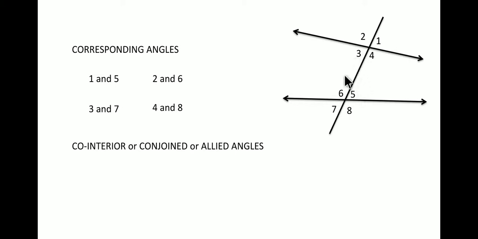But if you take the same side, angles like 3 and 6, 4 and 5, then they are called the co-interior or conjoint or allied angles. So over here, these pairs, 3 and 6, and 4 and 5, are the conjoint or co-interior or allied angles.